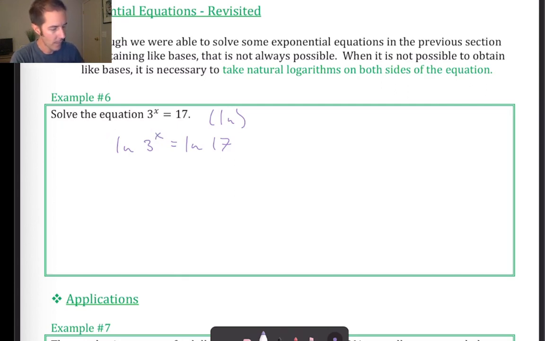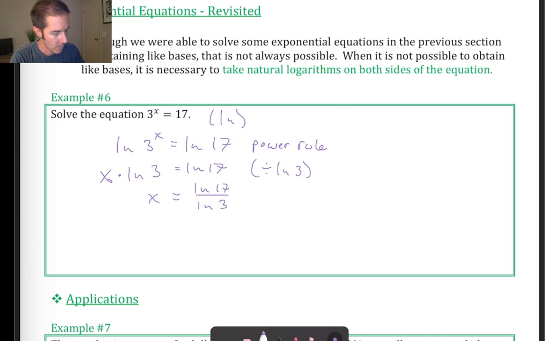So let's do that. Applying the power rule, we write this as x times the natural log of 3 equals the natural log of 17. We can then divide both sides by the natural log of 3 to find that x is equal to the natural log of 17 over the natural log of 3.